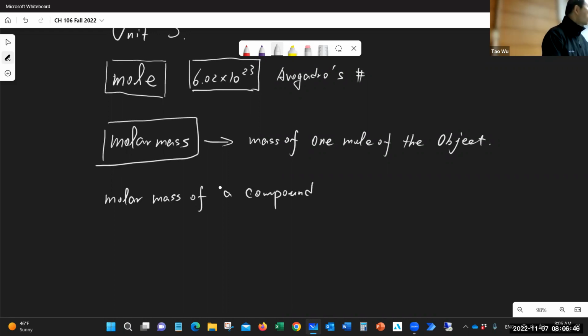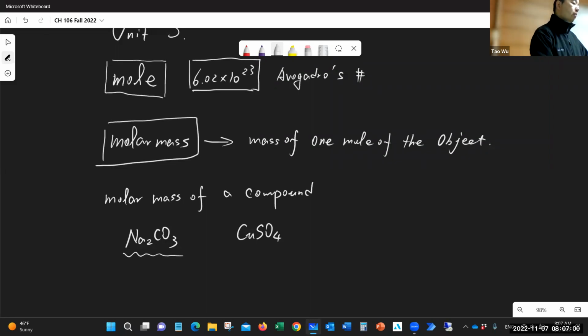Generally they just give you a formula like sodium carbonate or copper 2 sulfate. Generally, you go by how many atoms of each element are inside the compound, and then you add them together, and that's it.